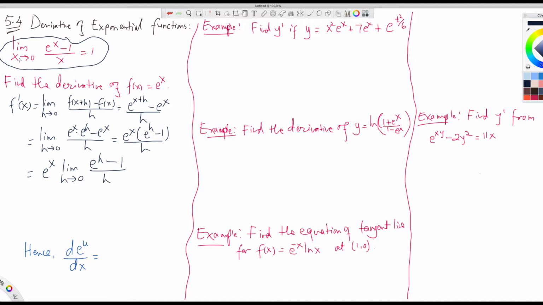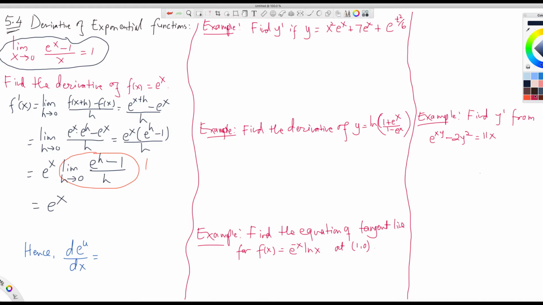Now look at this formula. It says the limit as x tends to 0 of (e to the x minus 1) over x, the same form as the limit as h tends to 0 of (e to the h minus 1) over h. So this quantity is basically 1, and what you get finally is e to the x.